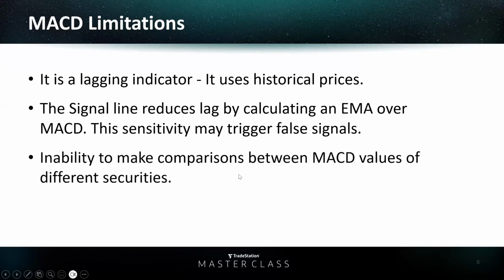And also, you have the inability to compare MACD values of different securities. It means nothing to compare the MACD value of Apple to the MACD value of Home Depot. Totally different calculations because they're unique to the symbol itself, and you cannot compare those values.